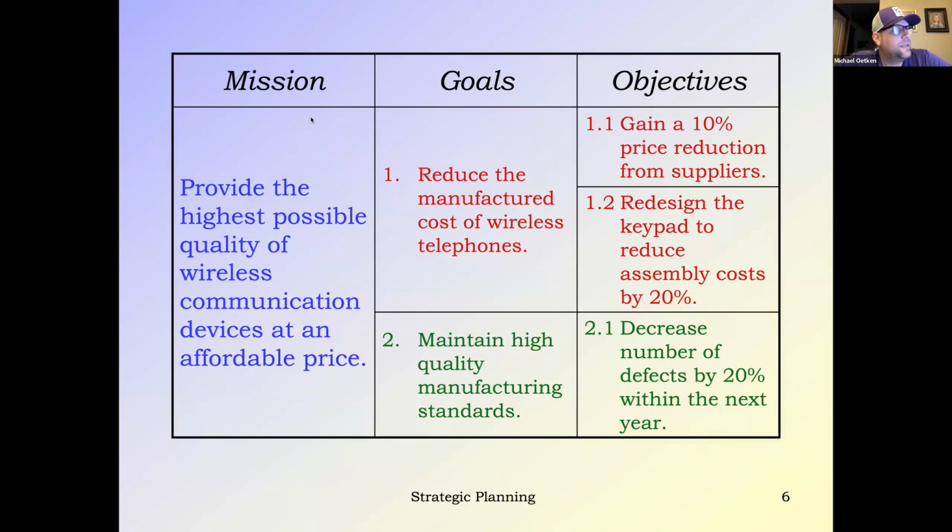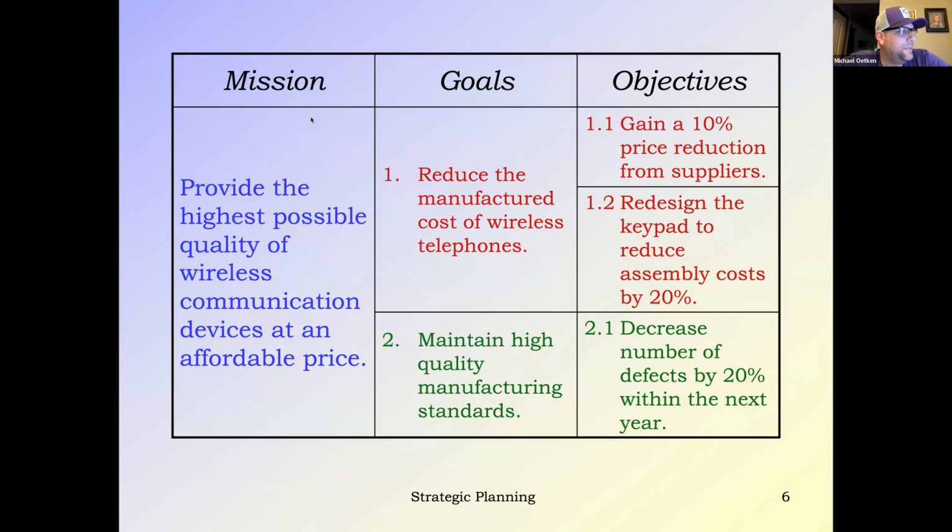And if we look at the objectives to help support that goal, one of them could be gain a 10% price reduction from suppliers. Another objective might be redesign certain areas or certain pieces of that phone to reduce assembly costs by 20%.